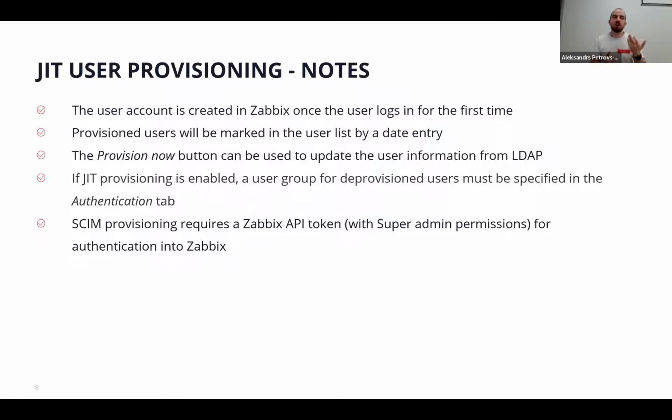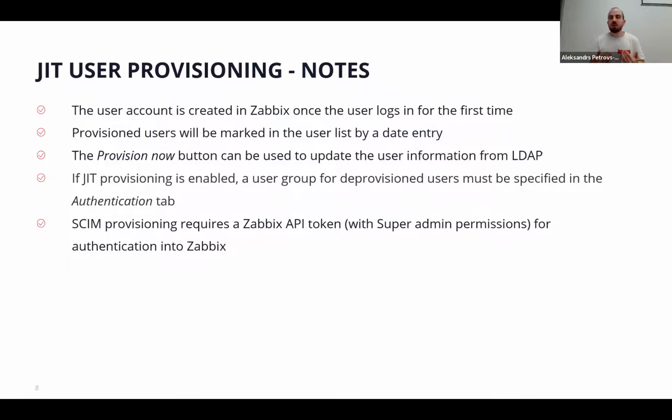And if you're thinking, okay, users are provisioned automatically, that's absolutely great, but how will I know? Have I created the user, or was it provisioned? Well, of course, they will be marked. All the automatically provisioned users will be marked in the user list by a date entry, so you will see when exactly the user was provisioned.